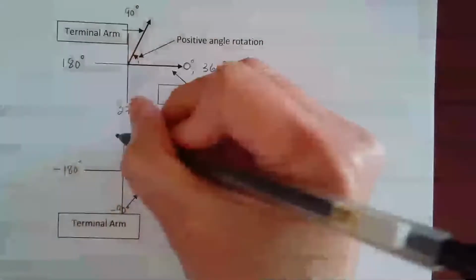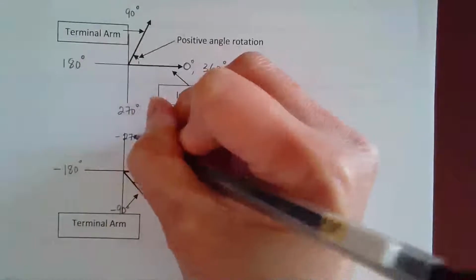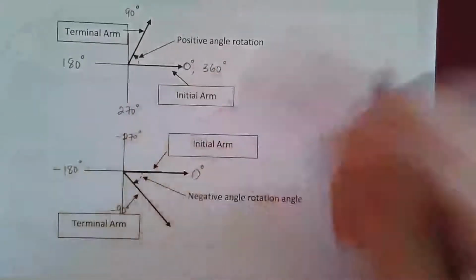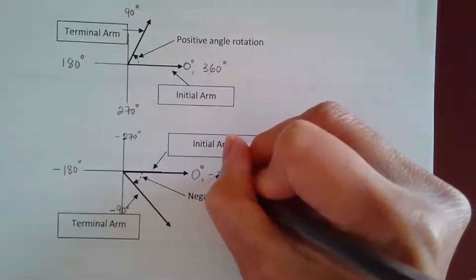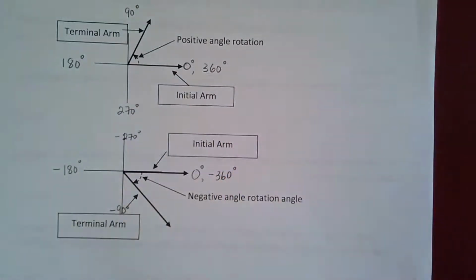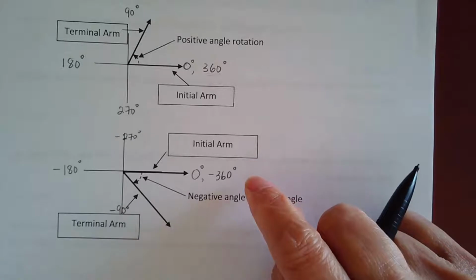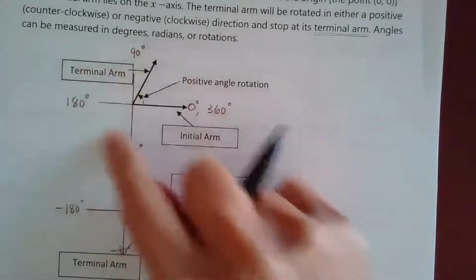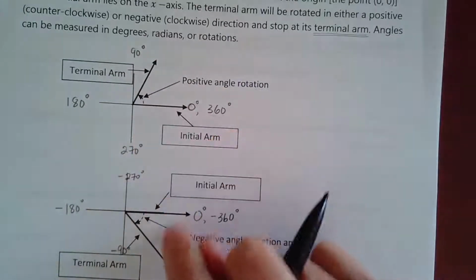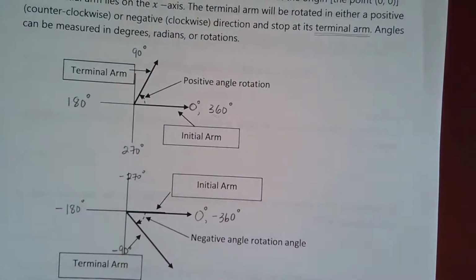And then going this way, negative 270. And then if we do one complete turnaround, it's negative 360 degrees. Okay, so we can rotate counterclockwise, which is positive, and then clockwise, which is negative.